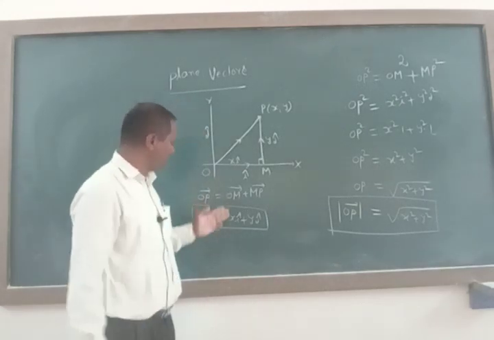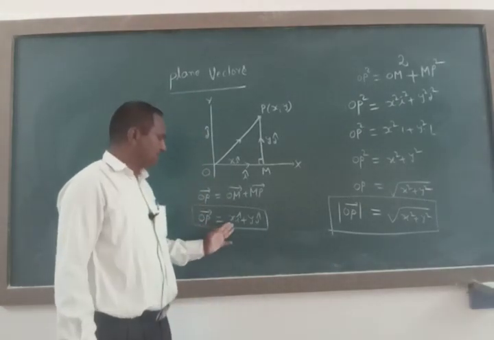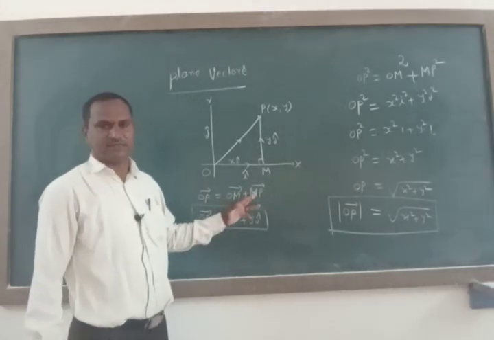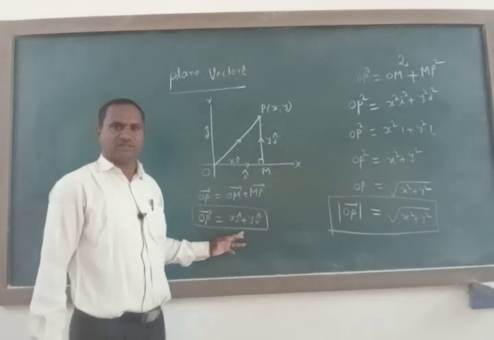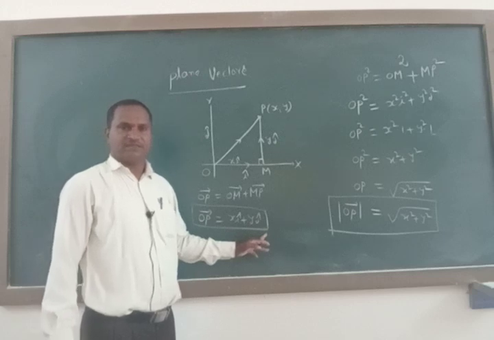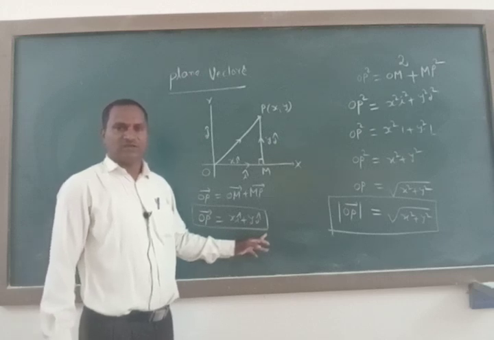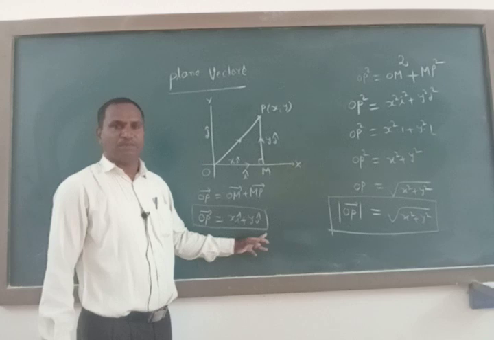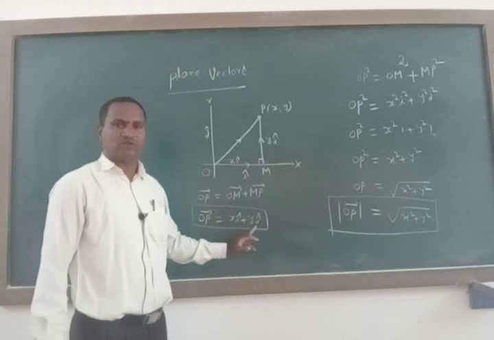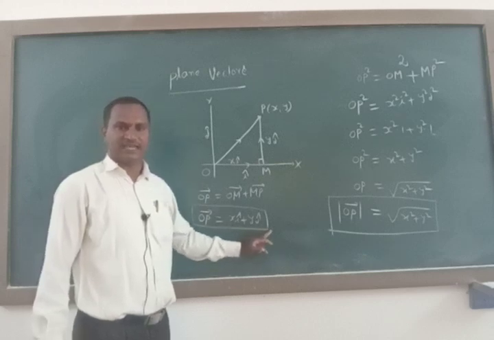In plane vectors, one vector is x i cap plus y j cap. I cap lies on the x-axis, so the first term is always a scalar multiple x i cap. The second term, j cap, lies on the y-axis, so a scalar multiple parallel to the y-axis is always y j cap. So we can write OP bar is equal to x i cap plus y j cap.